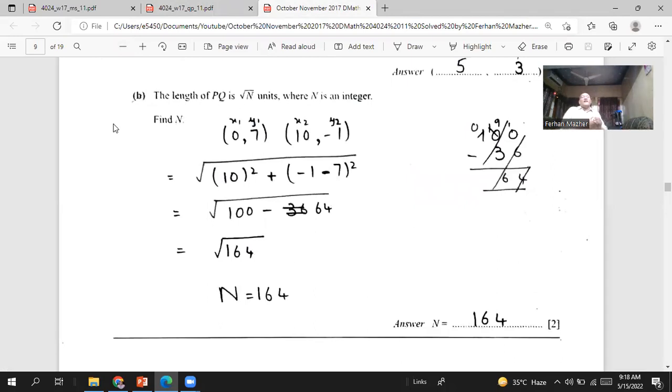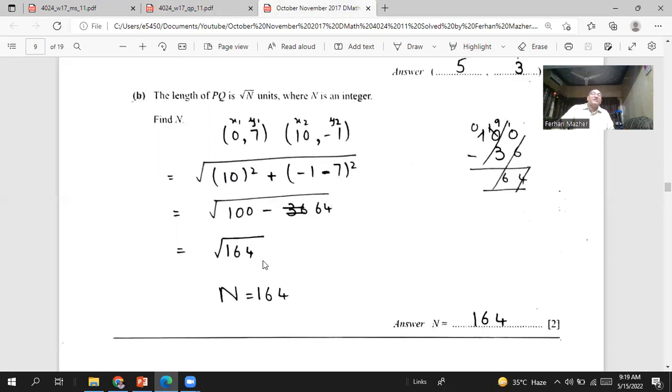The formula for the length is the square root of (x2 minus x1) whole squared plus (y2 minus y1) whole squared. So it will be (10 minus 0) squared plus (-1 minus 7) squared. So 10 minus 0 will be 10, 10 squared will be 100, -1 minus 7 will be -8, -8 squared will be 64.